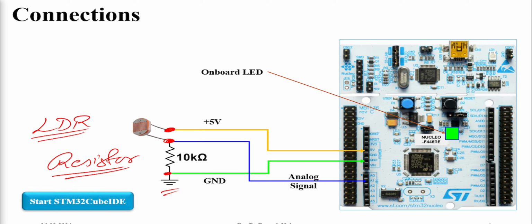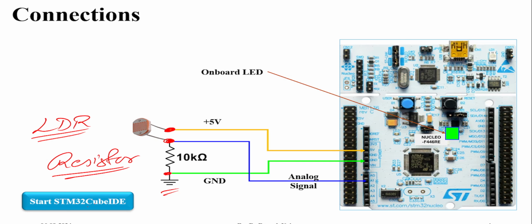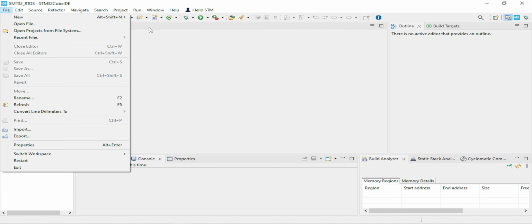Now let us go to the coding part. For that, we will use the STM32 CubeMX IDE. Let's open the IDE. In this, we will create a new project.